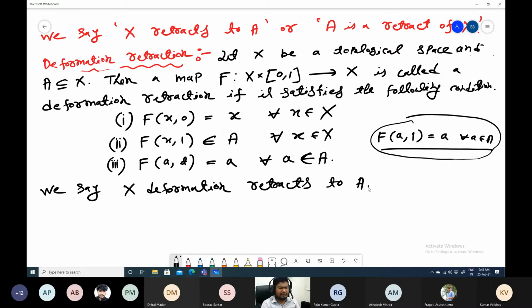In fact, it has a very geometrical meaning. For an example, what can you give?